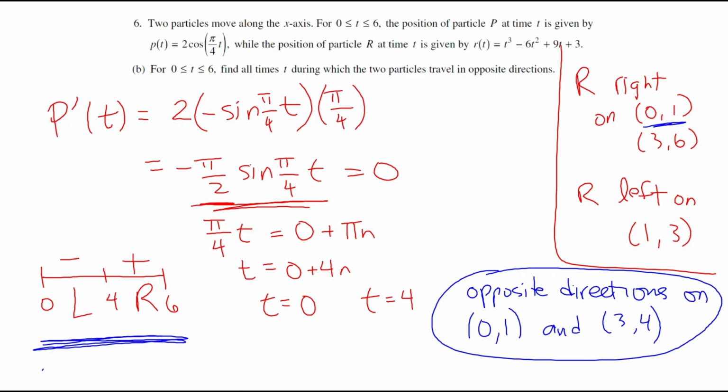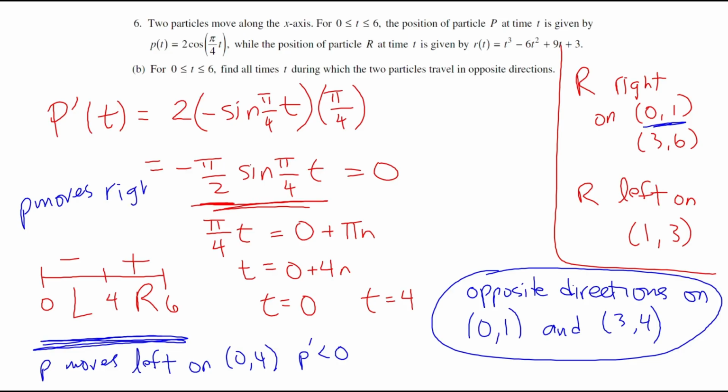And we might want to write out that p moves left on 0 to 4 because p prime is negative. And we could also write p moves right on 4 to 6 because p prime is positive.